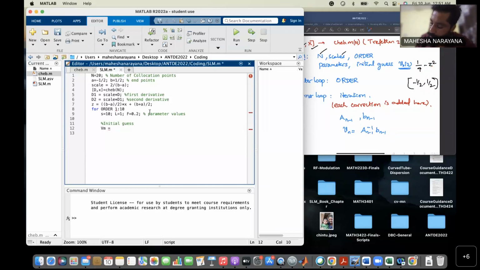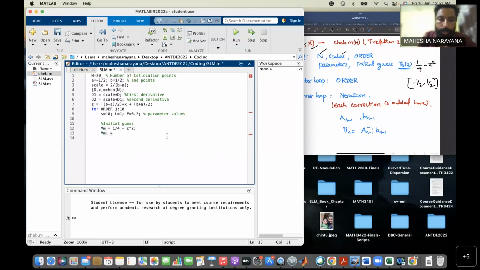1/4 minus z square. Then what is the first derivative of this initial solution? It will be minus 2z. You should be careful. These are vectors now.